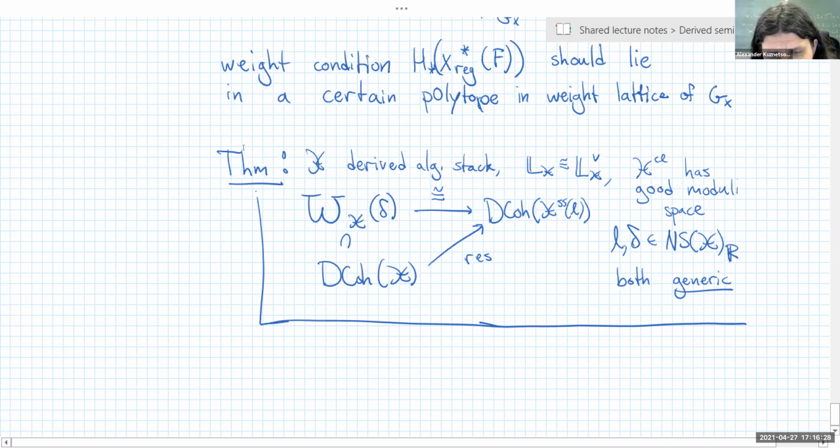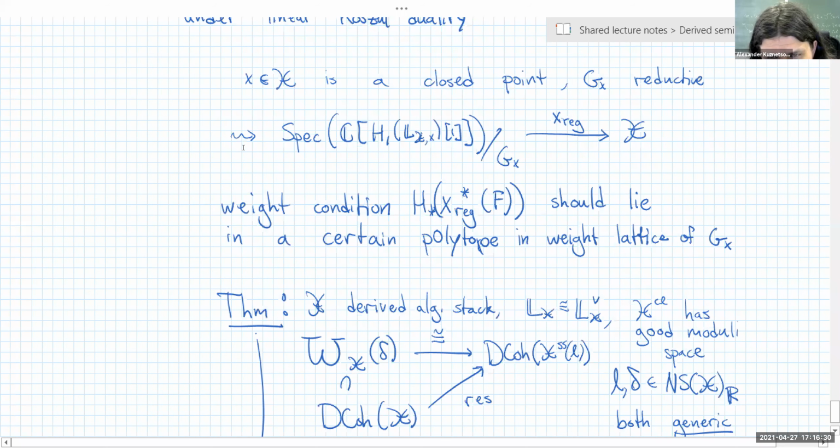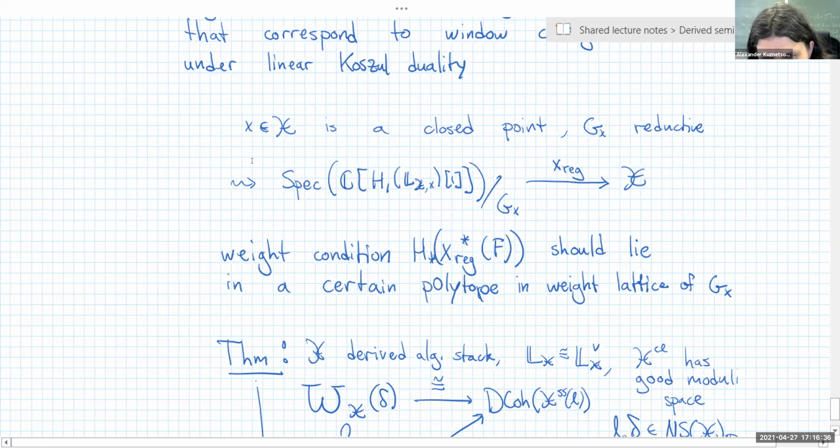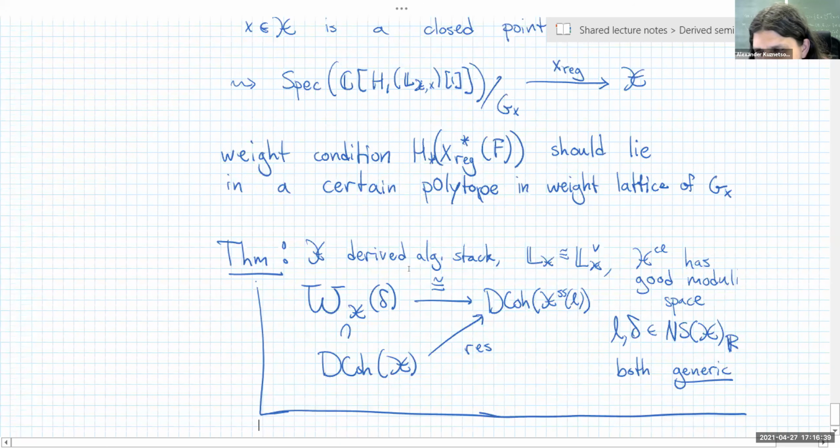And do you expect a weakening of the assumptions by replacing this symmetry for the cotangent complex by quasi-symmetry? Well, I don't know. I should mention that a version of this preprint was out on my website for a while, and based on that, Toda generalized this a little bit, and he has a more flexible notion of stack that's a little bit weaker than having a self-dual cotangent complex.